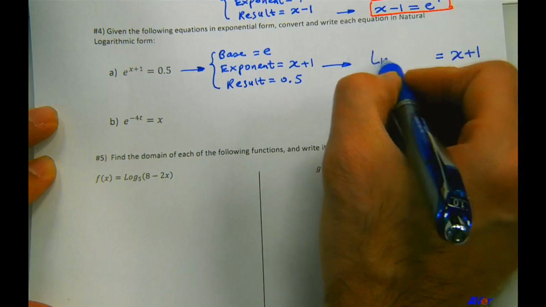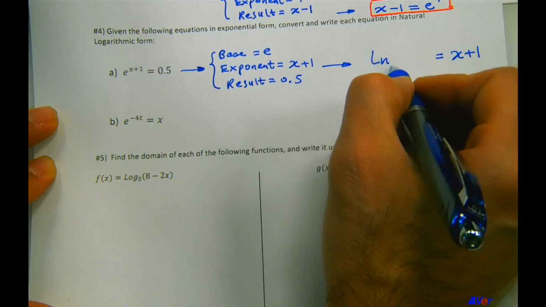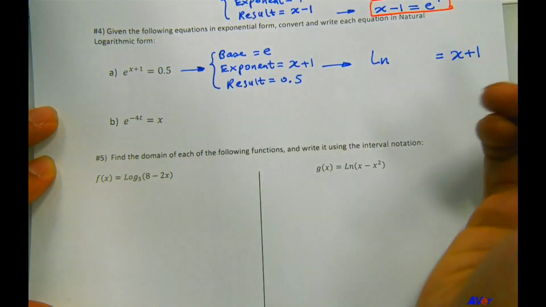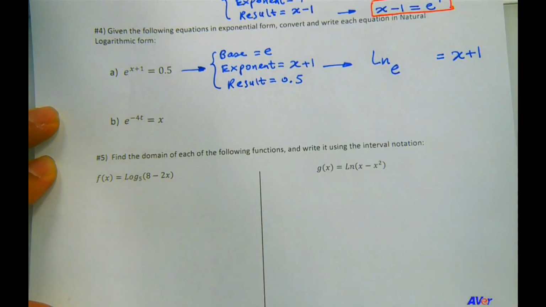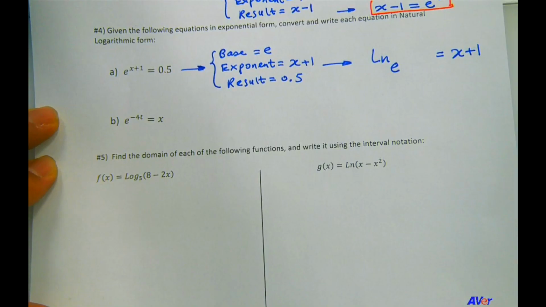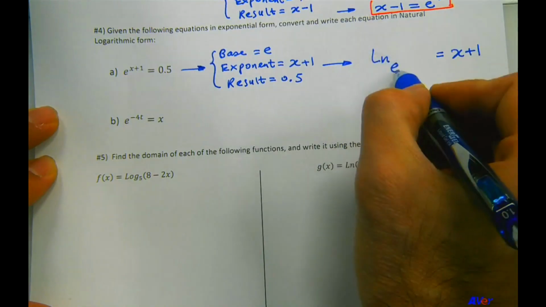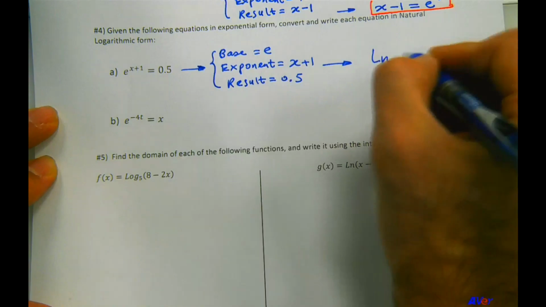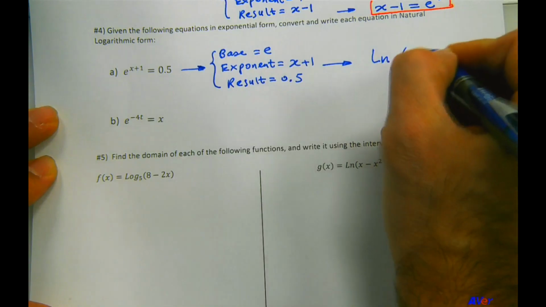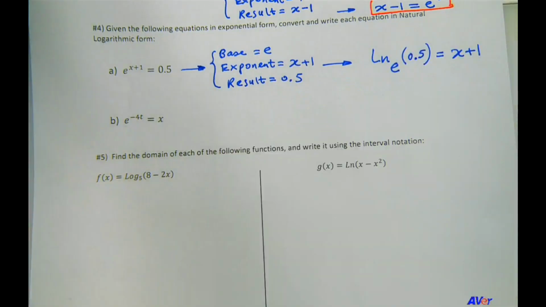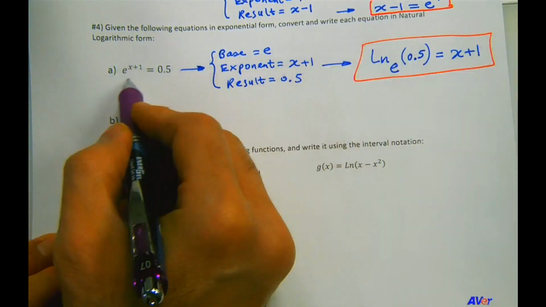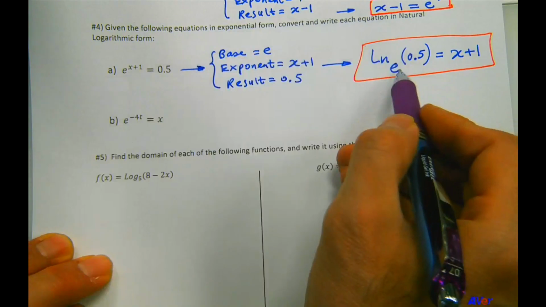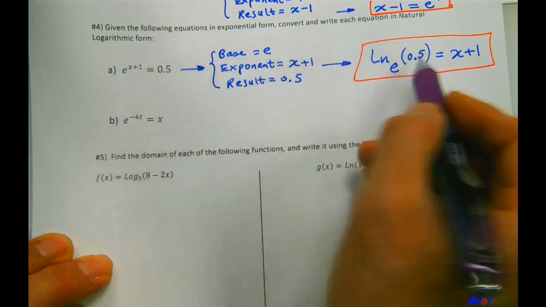As soon as I write natural log, the base is e. I don't have to write it, but if you want, we can write it here. It's not incorrect, it's just not done. Okay, natural log to base e of this result, 0.5. So these two expressions that you see, the exponential form and the natural log form, are equivalent to each other.